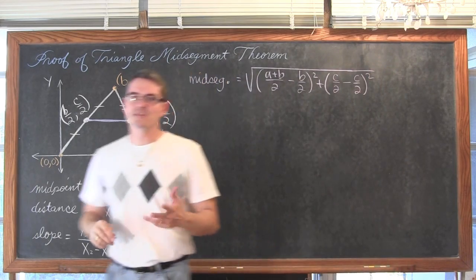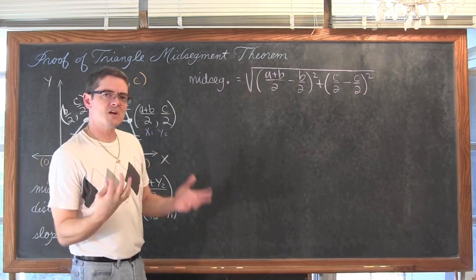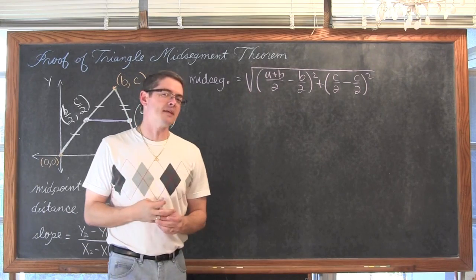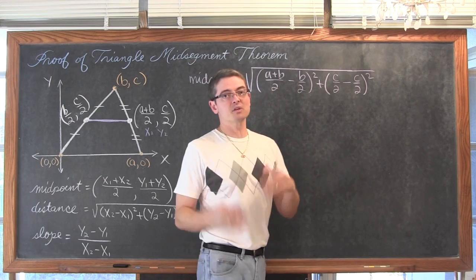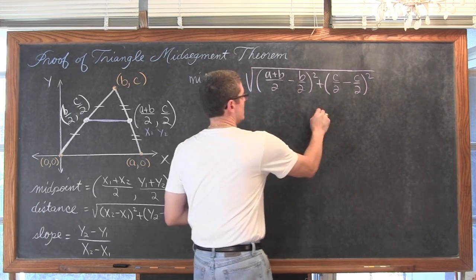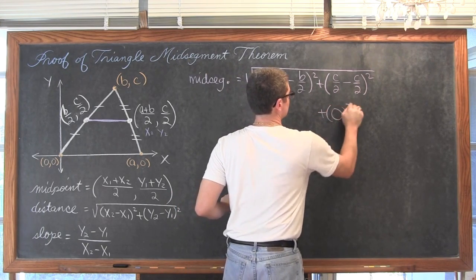And with distance formulas, well, we're in geometry, so maybe in Algebra 1 it never quite looked that bad, but a lot of stuff is going to cancel right away. Like anything minus itself is going to be 0. So this over here is going to be 0.